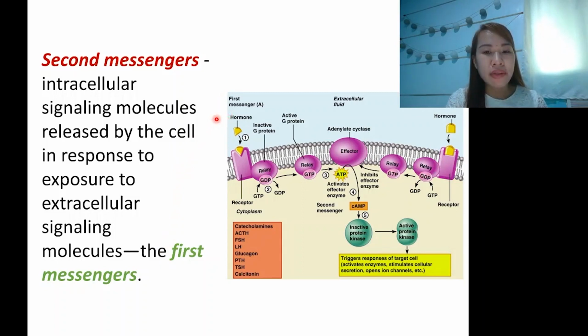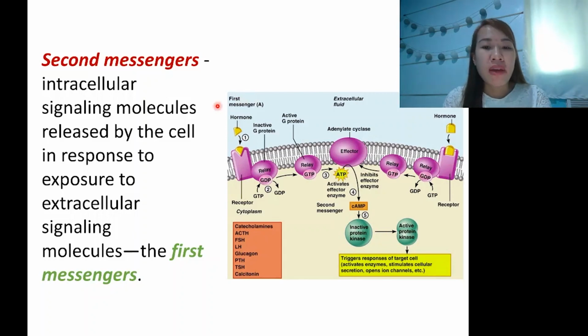So this hormone traveled through the bloodstream, connected to the receptor, and in the receptor there is a chemical reaction produced until such time that the second messenger cAMP is activated, and this second messenger will cause chemical reactions inside the cell. So this inactive protein kinase will be activated, and it will trigger a response of the target cell. It will either activate an enzyme, stimulate a cellular reaction, or open an ion channel. So that's how our metabolism is regulated, through second messengers.